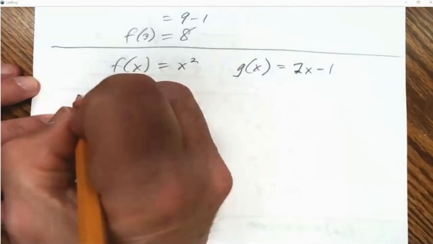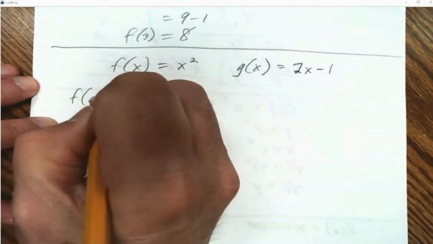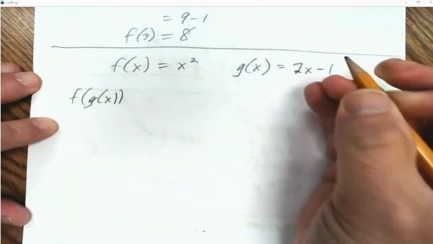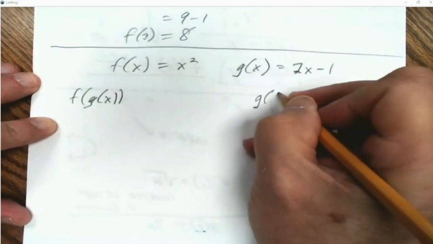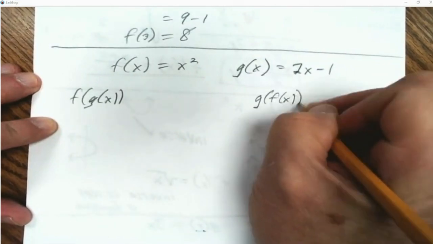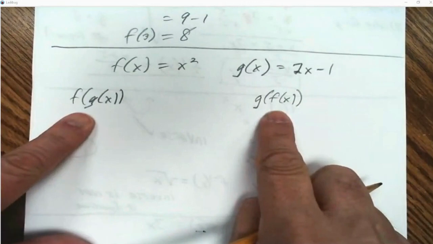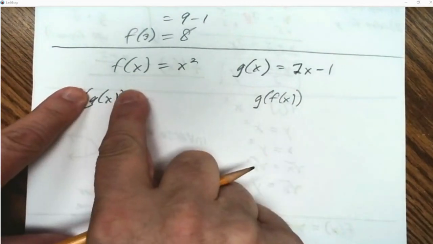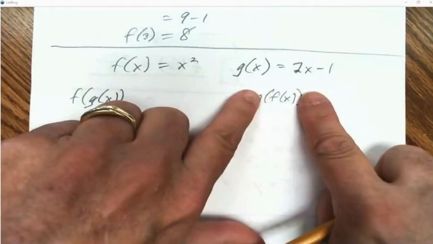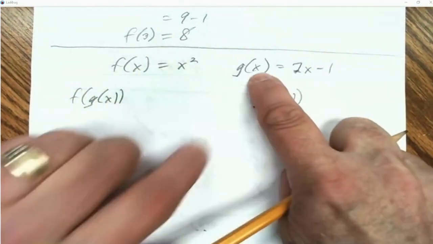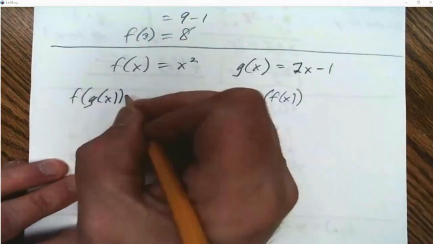So we can do f of g of x, or maybe we need to do g of f of x. Are those the same? Well, let's see. Substituting g of x into the x, or substituting f of x into the g's x. So let's do both of those.